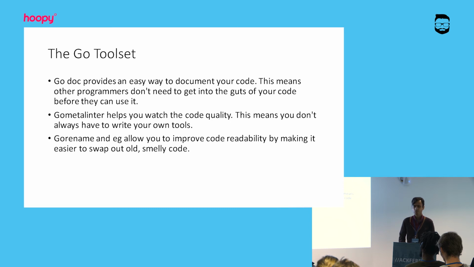So the first one is GoDoc. It is similar to Javadoc or PHPDoc or Rubydoc or whatever language doc. What it allows you to do is turn very simple comments above your functions and packages and classes, well, in Go they call them structs, into documentation. The cool thing is that it comes with the Go compiler and the Go tooling, which means if you have Go installed, you can read the documentation.